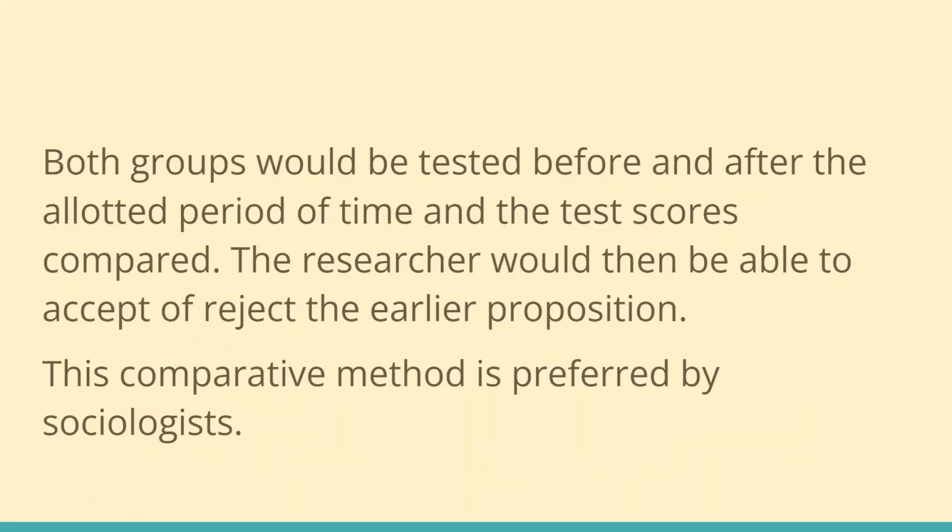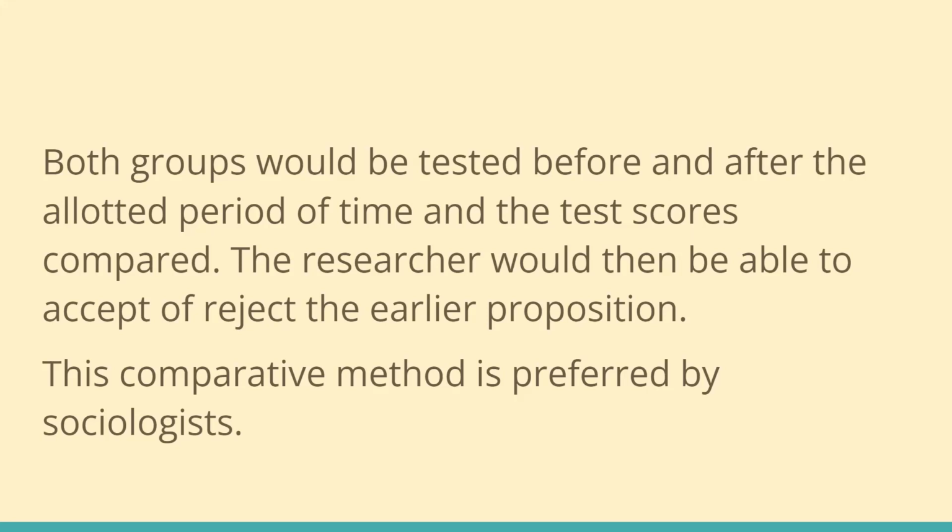Now, both groups would be tested before and after the allotted period of time, and the test scores would be compared. Now, the researcher would then be able to accept or reject the earlier proposition.